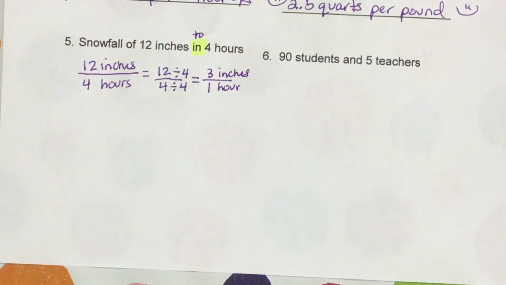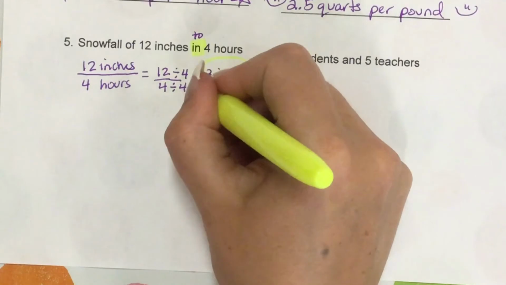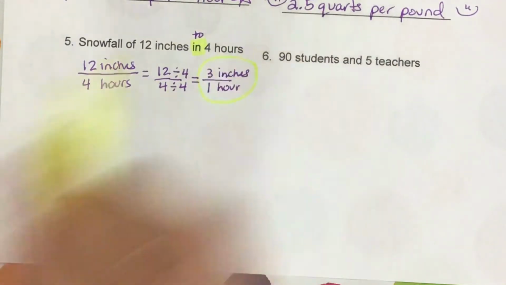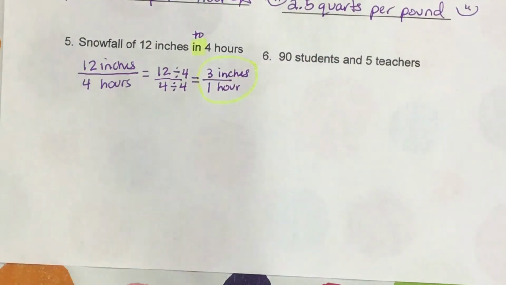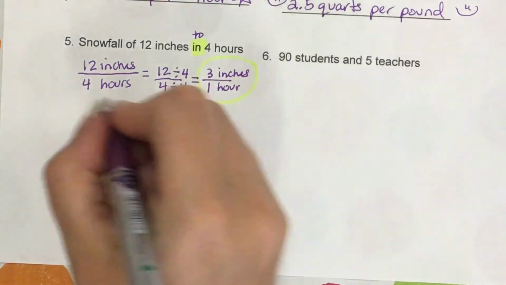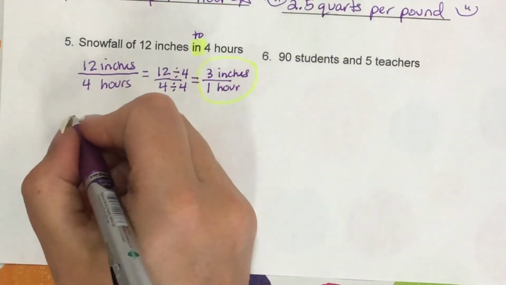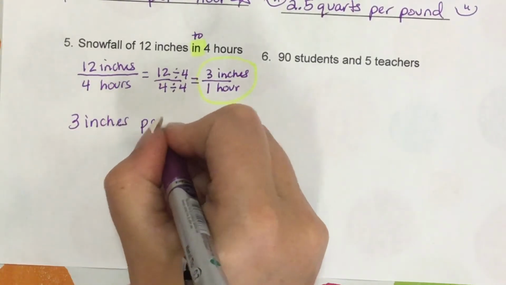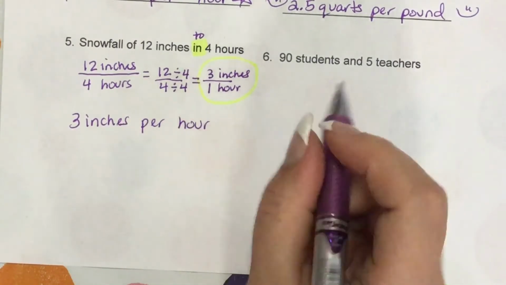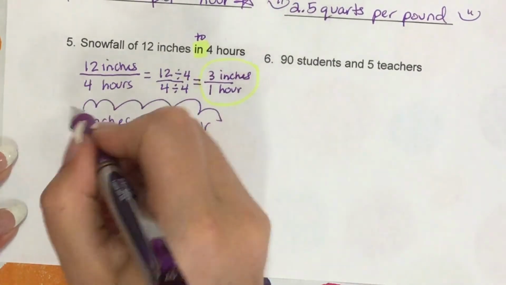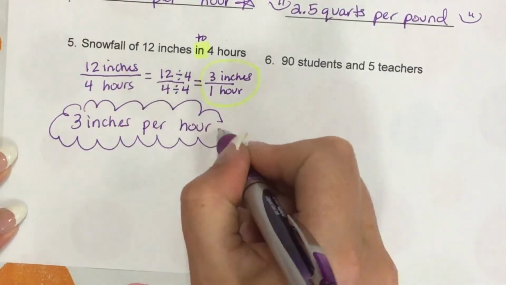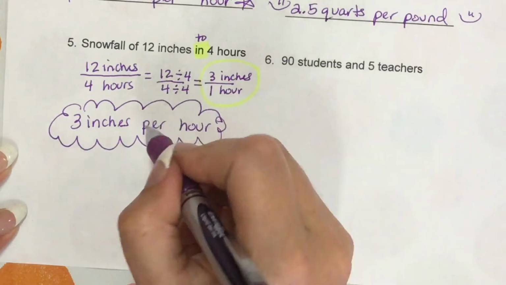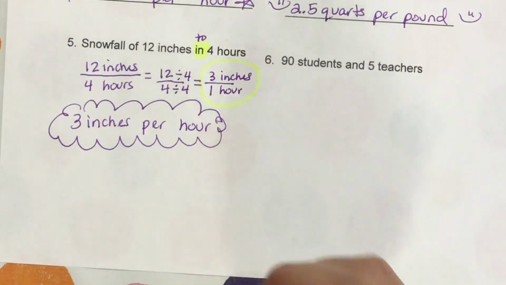So that's our unit rate. 3 inches, the snow fell 3 inches per hour. And if we want to put that into the word form, we would say 3 inches per hour. Okay? So we have both of them there. We have the unit rate and the answer in word form.